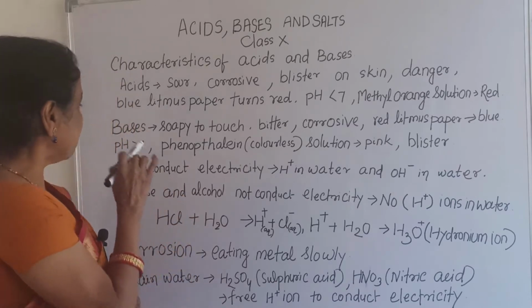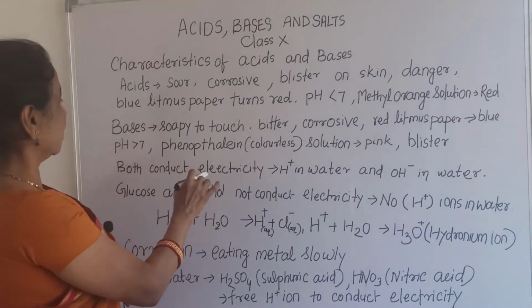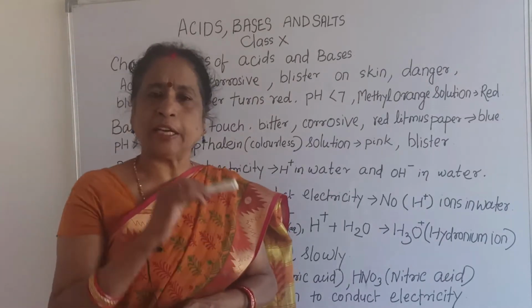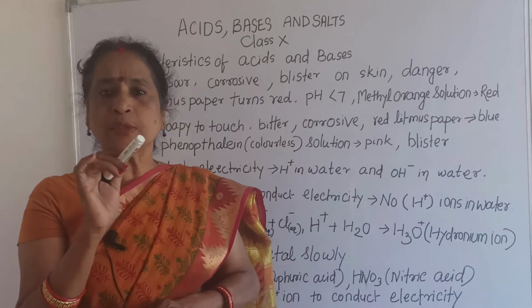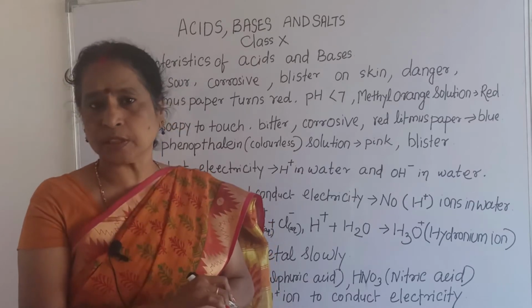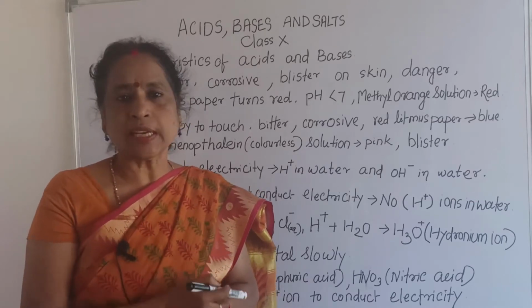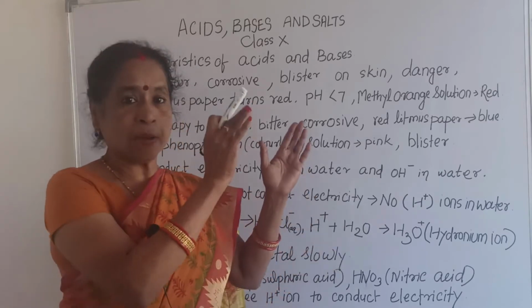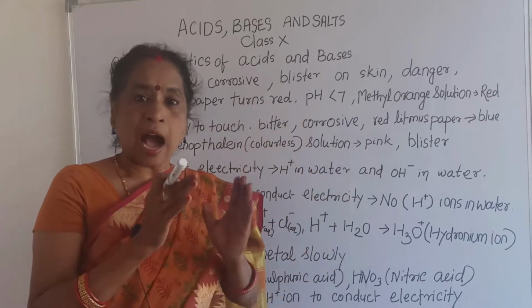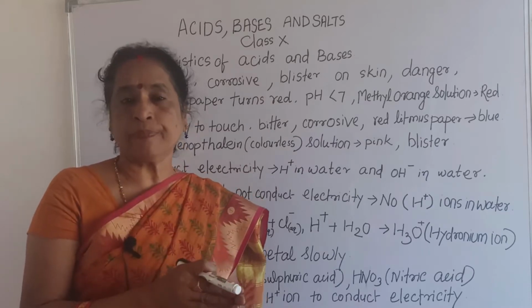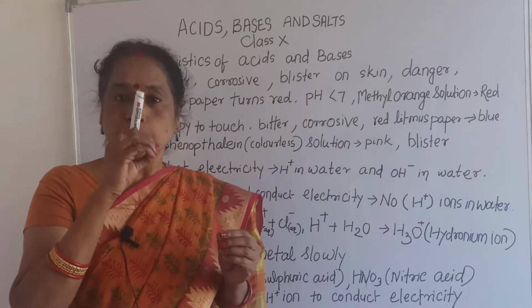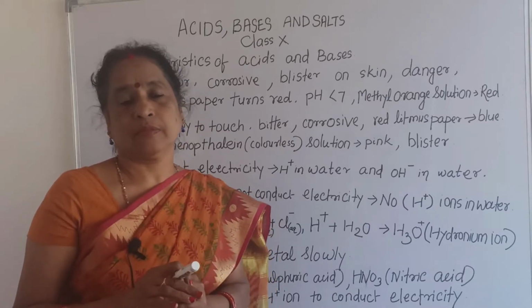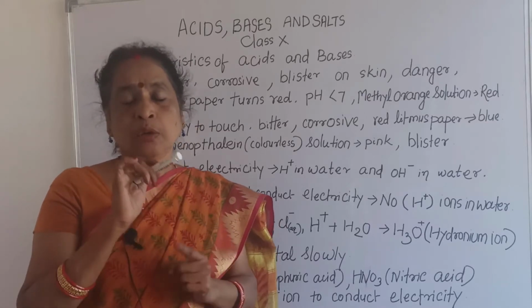Then an important point here: what is base and what is alkali? I told before, a base is one which contains OH minus in water. Then what is alkali? Alkali is also a base. But what is the difference between base and alkali? Alkali is a base which totally dissolves in water, which is soluble in water.